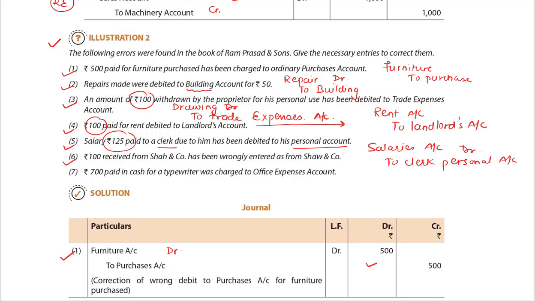Let's see the sixth one now. Rupee 100 received from Shah and Company has been wrongly entered as from Shaw and Company. Rupee 100 received from Shah and Company, so the entry is cash to Shah and Company. By mistake, what entry have you done?